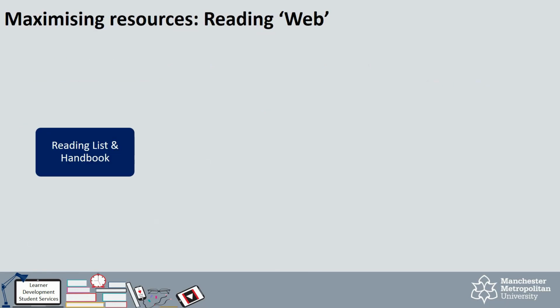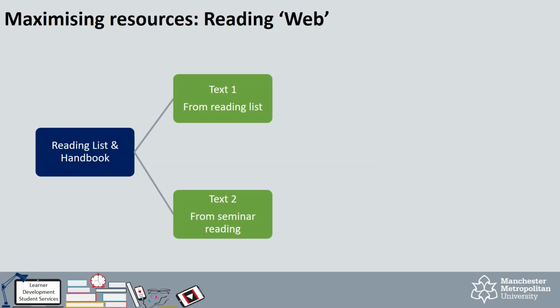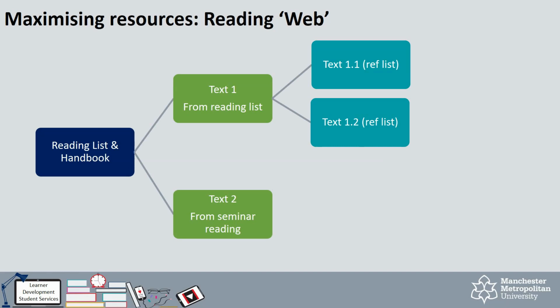It can be tempting to just look at your reading list and see it as a to-do list of texts to get through. Actually, our reading list should be a starting point. We start with our reading list and handbook. We find a text from the reading list and another text from the seminar reading. From that first text, we find two more relevant texts from the reference list.